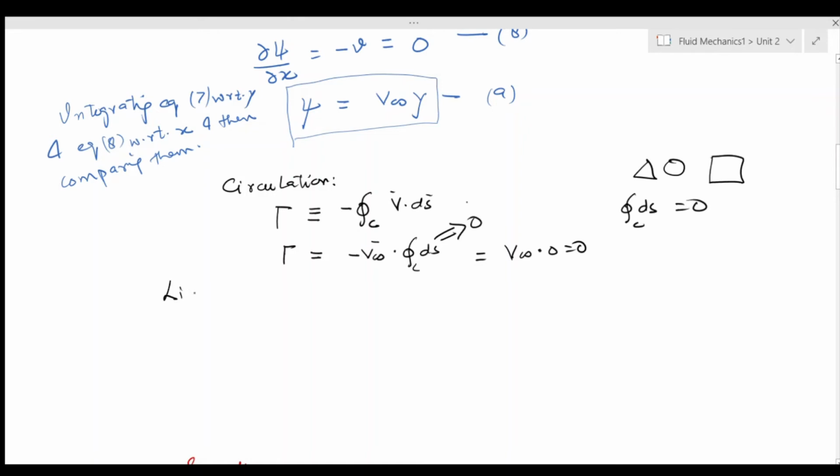Why? Because the line integral of ds around a closed curve is identically 0.